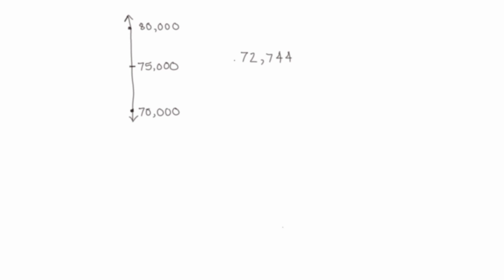And we're going to see where this number would fall in the number line. Is it going to be between 70,000 and 75,000 or between 75,000 and 80,000? And we're going to round to the nearest 10,000.